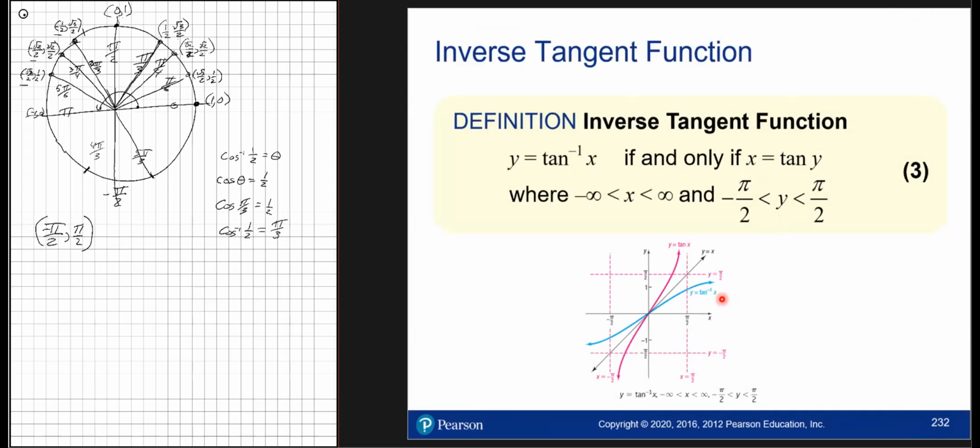Because for tangent at pi over 2, the tangent doesn't exist. And same thing with negative pi over 2. Tangent does not exist because in those two cases, you're dividing by 0 because tangent is y over x.